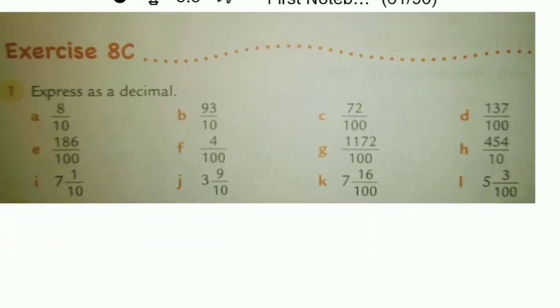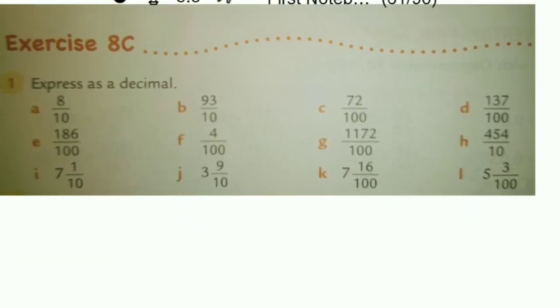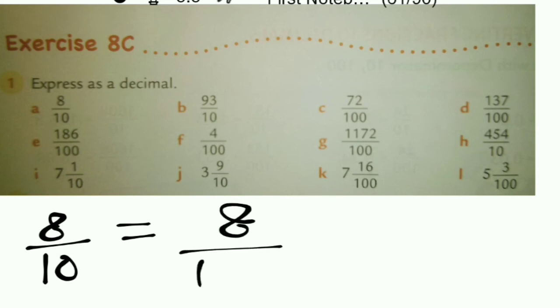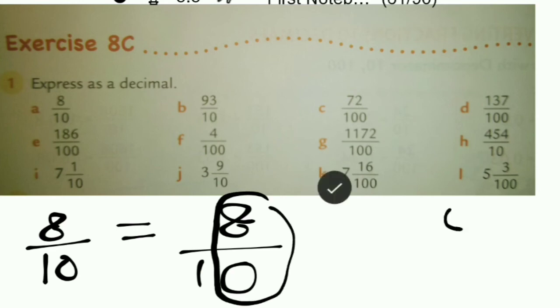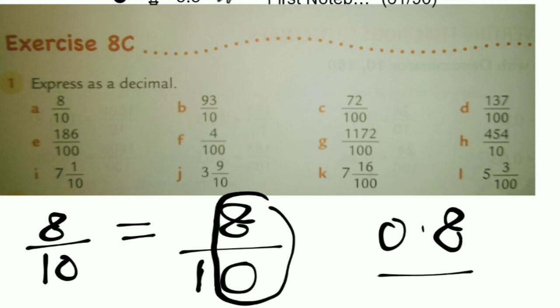Express as a decimal 8 upon 10. We have to write in decimal. See, just now I told, 8 upon 10. So this 0 and 8 can match. So here we can write 8, and this 1 represents the decimal. So we can write the answer 0.8.